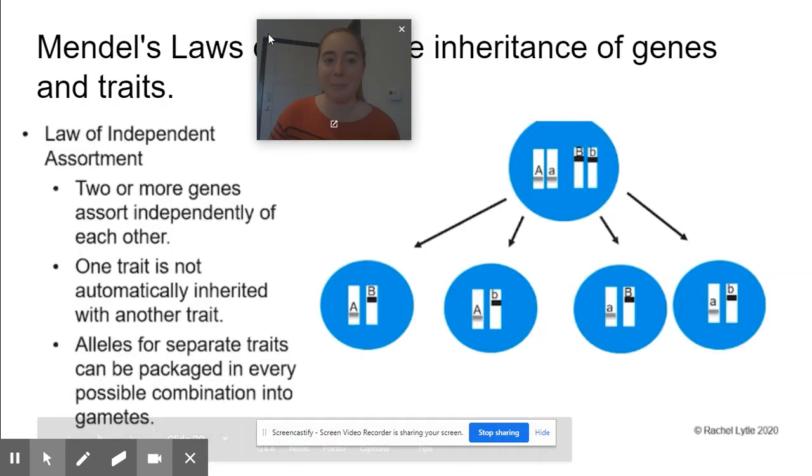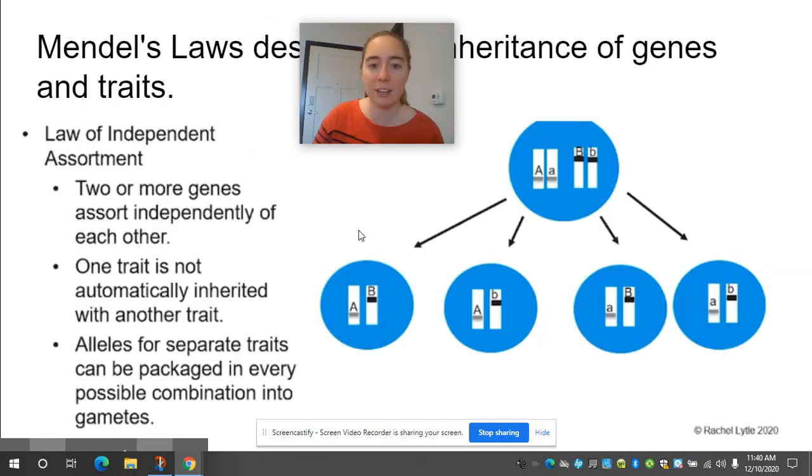I'm going to go into independent assortment now. We just did the law of segregation, and now we're going to do the law of independent assortment. The law of independent assortment is that 2 or more genes are going to assort independently of each other. So one trait is not automatically inherited with another trait. For example, you don't automatically get being tall and brown eyes. Those don't come together.